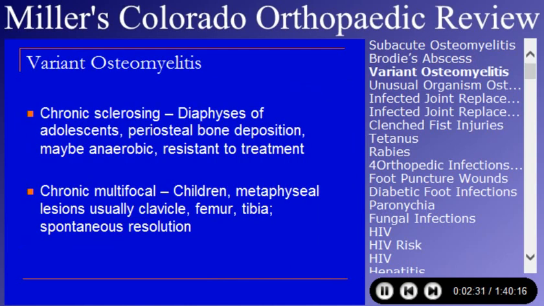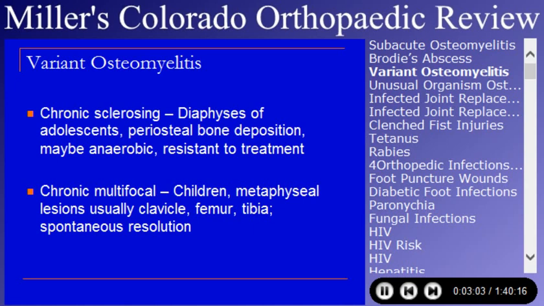There are a couple of variant osteomyelitises that get asked on the test. Like a lot of things that get asked on the test, their test importance seems to be greater than their real importance. Chronic sclerosing osteomyelitis is disease of the diaphyses, usually the tibia of adolescents. There is dense periosteal new bone formation.